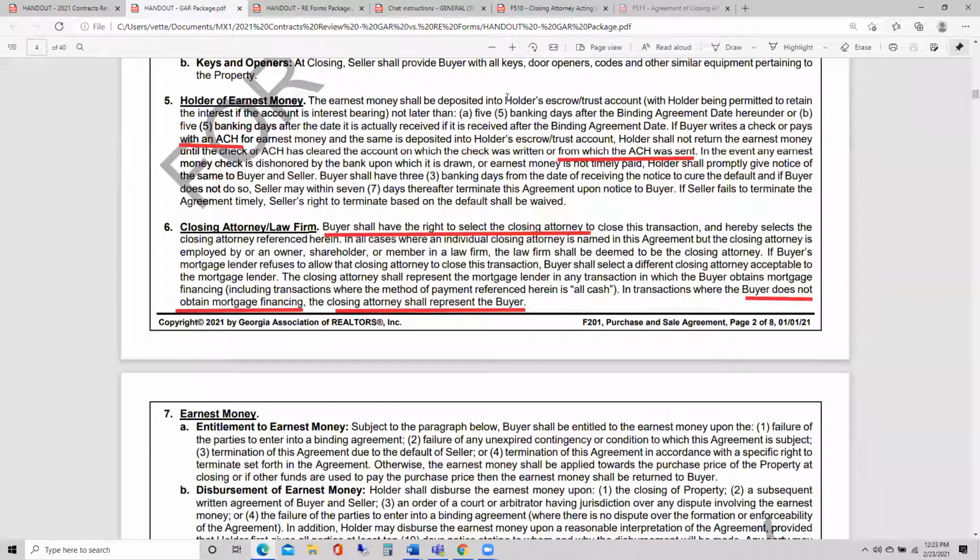The earnest money shall be deposited into the holder's escrow or trust account, with holder being permitted to retain the interest if the account is interest bearing. Guess why that's in there? Yep, license law. It is a license law violation to not disclose who is going to get the interest if a trust account, escrow account bears interest prior to the deposit of those funds. That's in there to keep you guys and your brokers in compliance with license law. On and on and on.